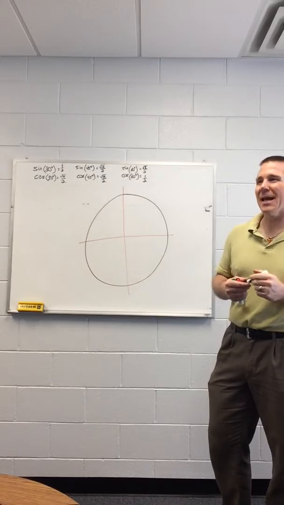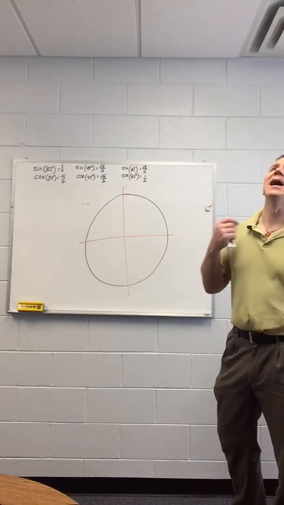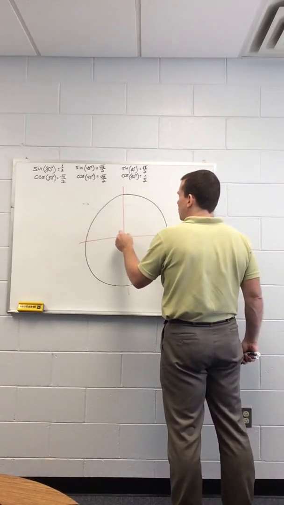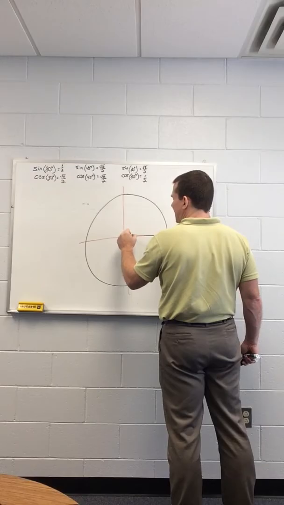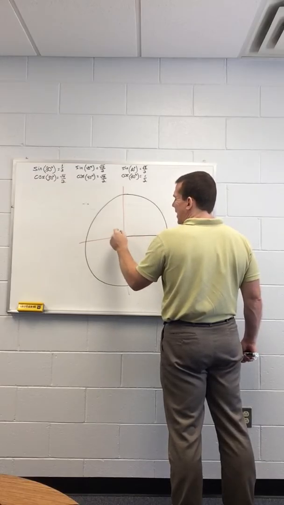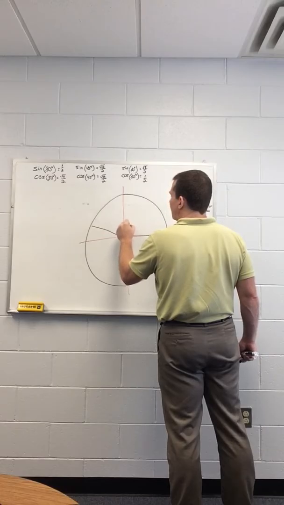As far as a reference angle goes, suppose I have 150 degrees. So if I draw that angle right here, there's my horizontal, 150 degrees. Let's see, that's 90, that's 180. So 150 would be right about there.